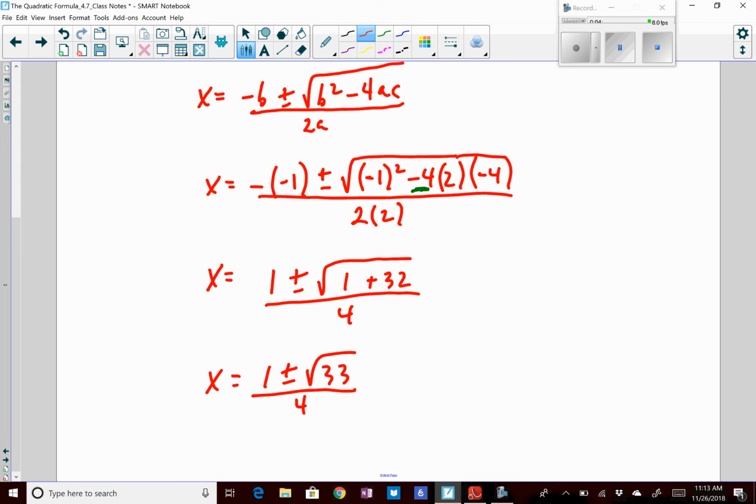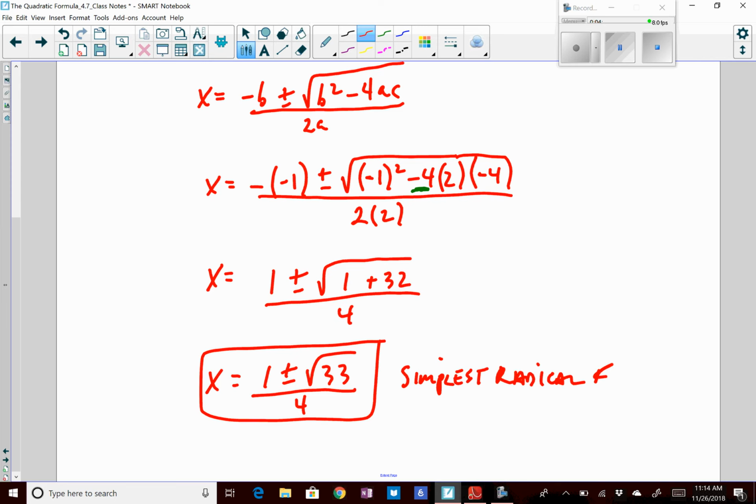Since there aren't, here we're in simplest radical form. So we could say that this is already in simplest radical form, since the 33 can't be factored out into anything that's a perfect square.